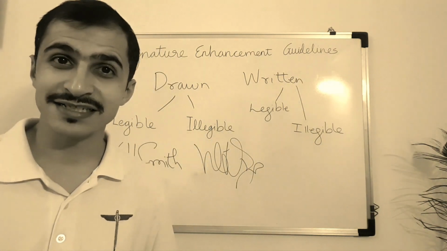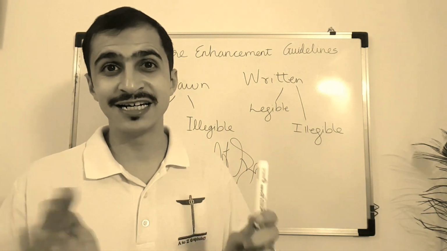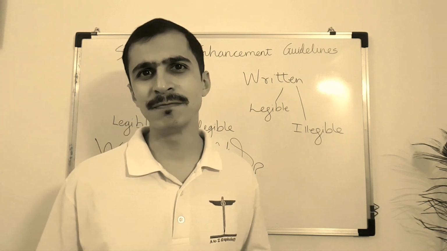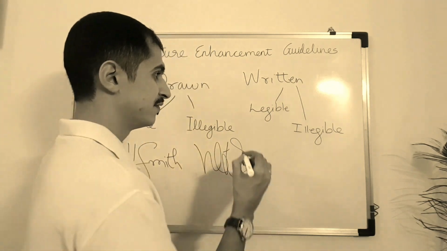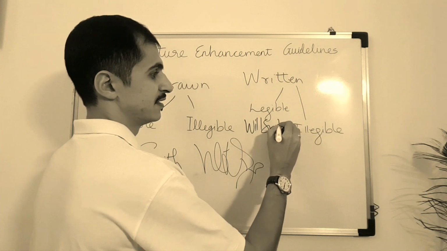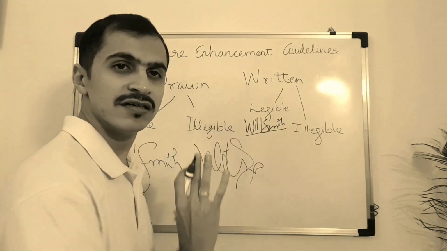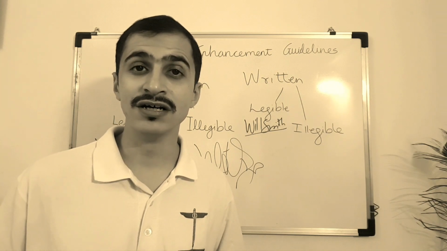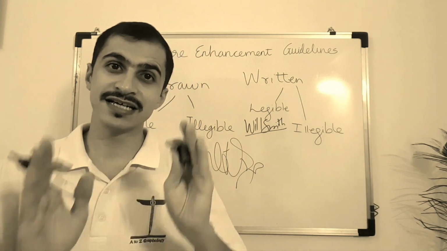The next example is where we have a written legible signature. This is normal for all people who write a written signature, where the person would just write the signature with his basic handwriting. Now the handwriting may be messy or not, that we don't know. But as the handwriting is, that's how he is writing.